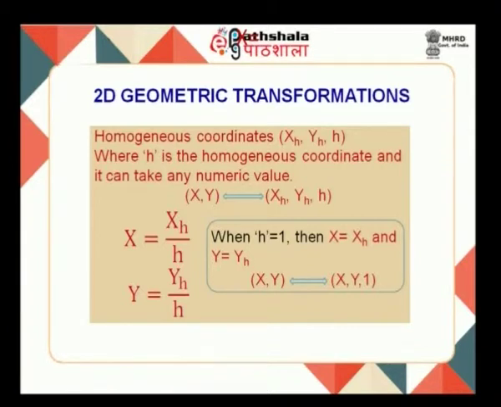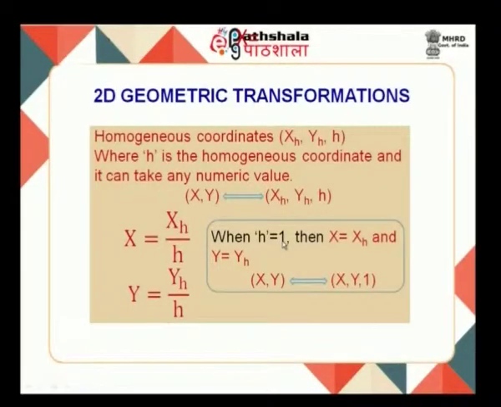Now, how do we perform conversion between Cartesian and homogeneous and vice versa? See the equations here: x in Cartesian is equal to x_h divided by the homogeneous coordinate h, and y is equal to y_h by h. Now when h is chosen as 1, it is an imaginary dimension, a number, and you can choose any real number for that sake.